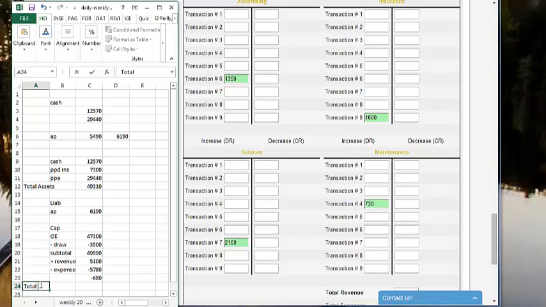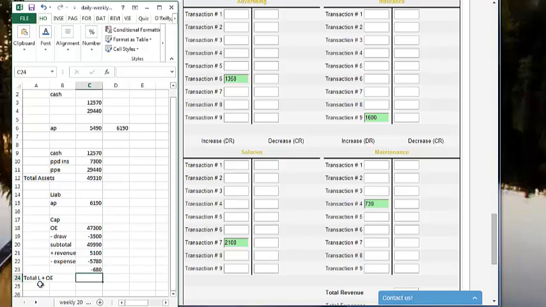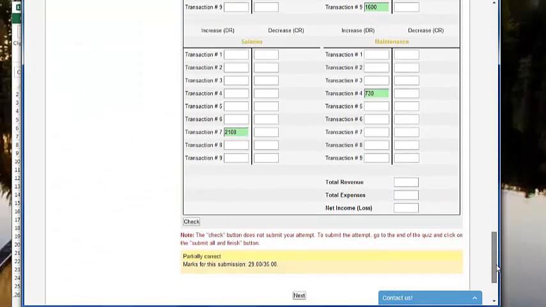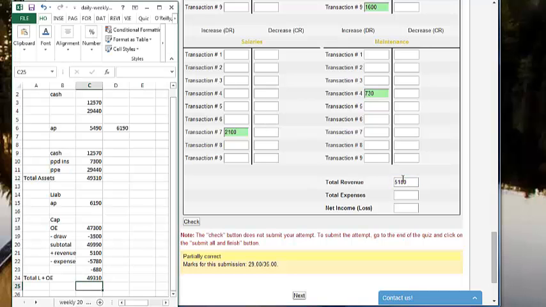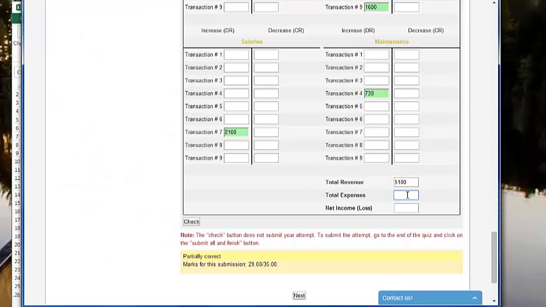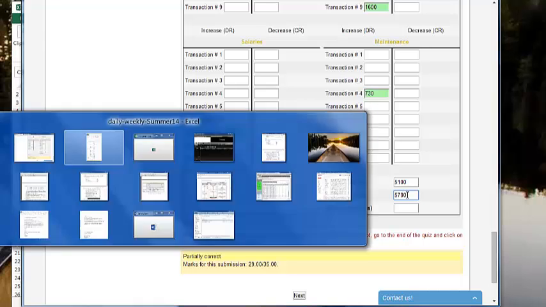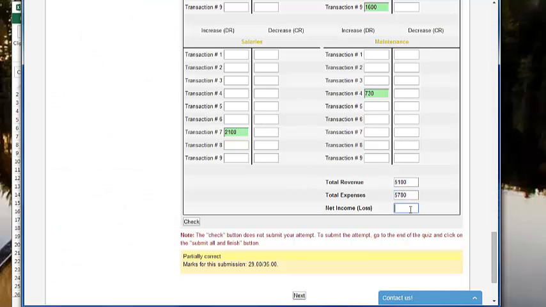So now if I do total liability plus owner's equity, I have my subtotal from up above minus my 680, or 49,310. Hey, they balance. This is good. So my revenue was 5,100. My expenses were 5,780, for a net income or loss of $680.